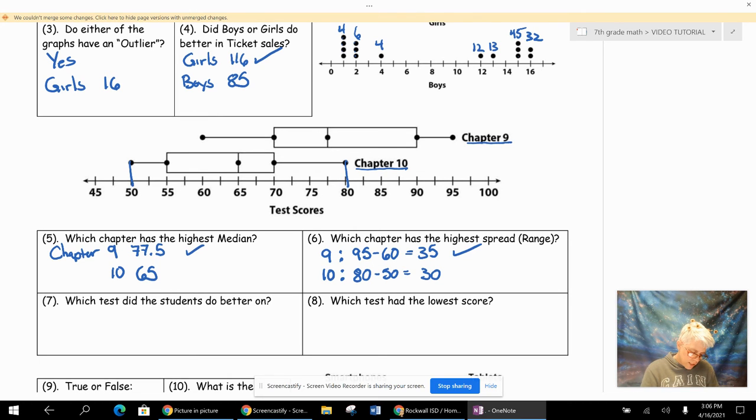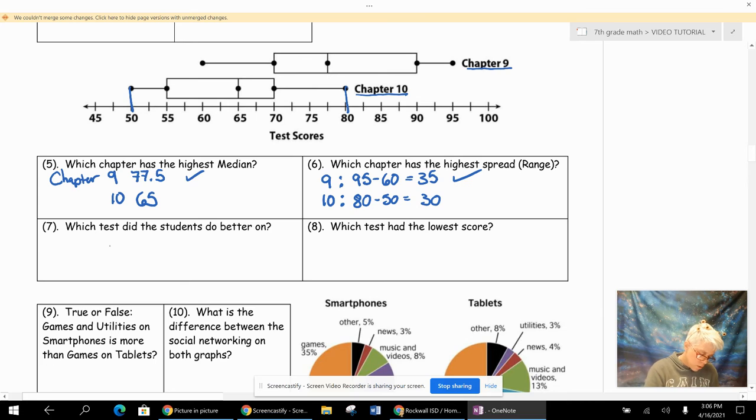So we can definitely say that on the chapter 9 test, they did the best on that one. Which test had the lower score? Well, then it would be chapter 10 that had the lowest score. Now, chapter 9 could have had an outlier, someone that did lower than chapter 10, but still, chapter 10 has the lowest score.